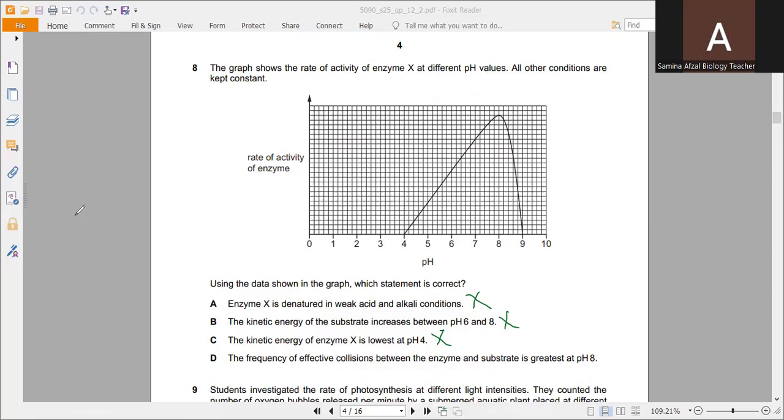The next is: the frequency of active collisions between the enzyme and substrate is greatest at pH 8. Yes, it is greatest at pH 8. So D is the optimum value. D is the correct option.